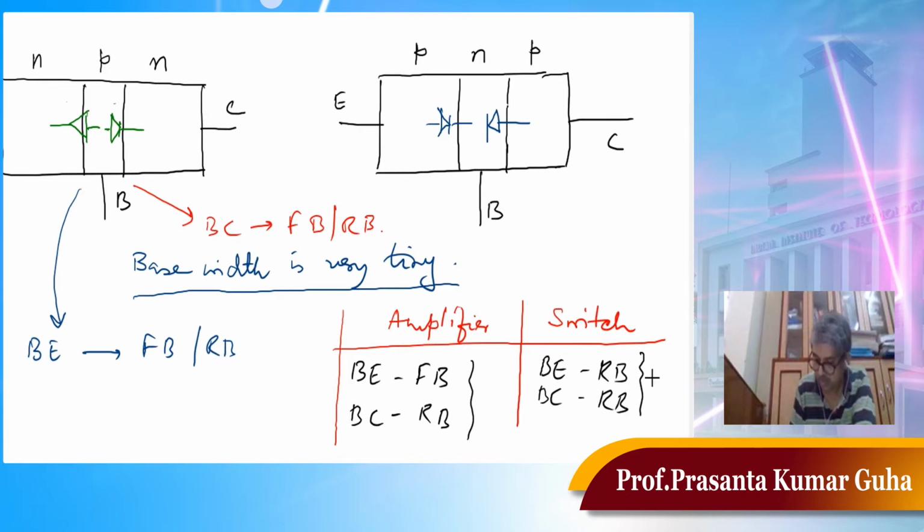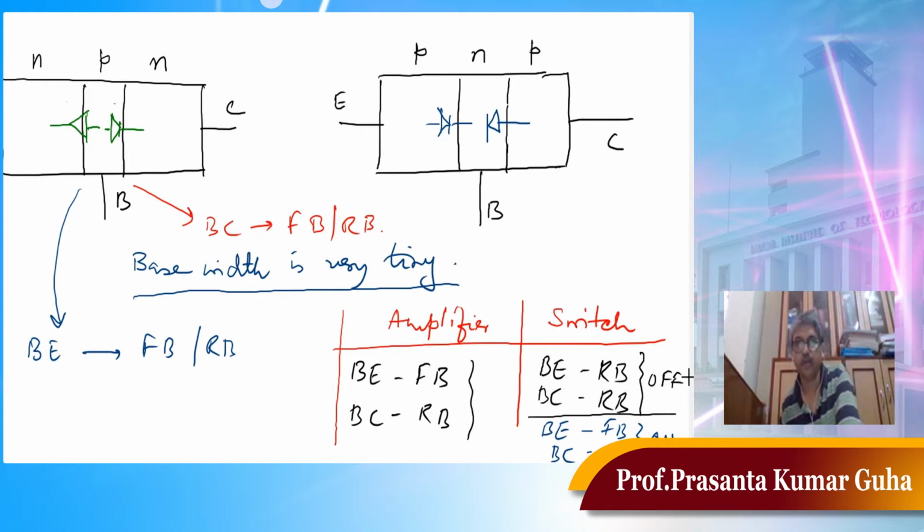That is one case when the switch is off. Or base-emitter junction forward bias, base-collector junction also forward bias. This is when switch is on. So these things we will discuss in more detail later on, but I just want to mention whatever we have discussed in a nutshell in our last class.